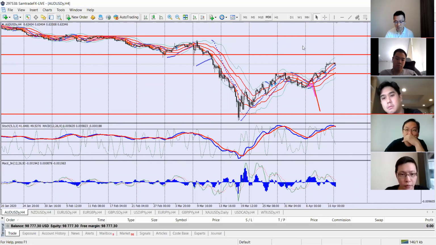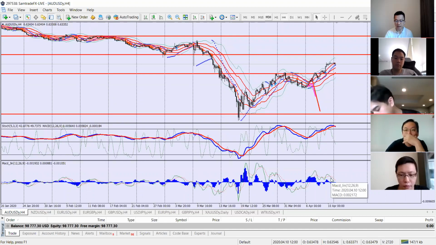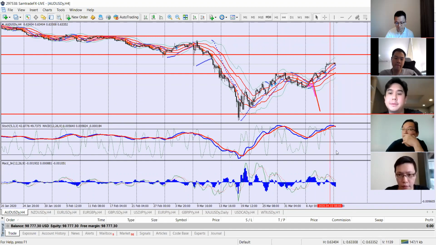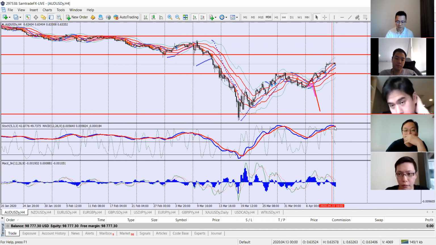On the H4, we've already seen indication that the downward move is likely to start happening. If I put a vertical line in there to help you see better, can you see my vertical line? The fast MACD has crossed over, and the slow one is trying to cross over a bit.